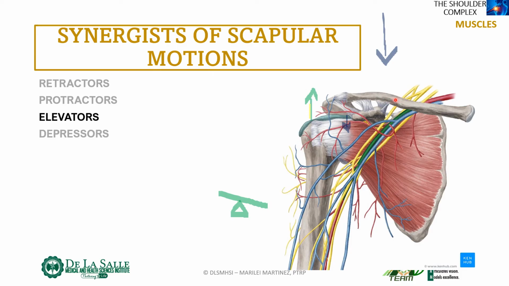So if the clavicle compresses these structures, it will cause problems in the upper extremity, because you are damaging the vessels responsible for giving blood to the structures of the upper extremity, or you are compressing the nerves responsible for innervating the upper extremity.